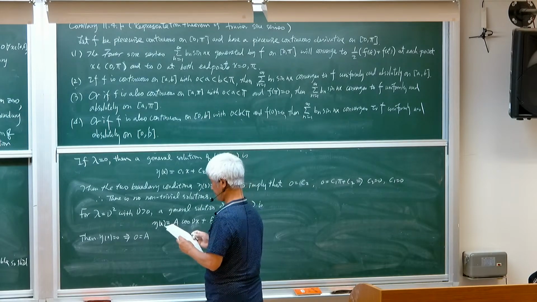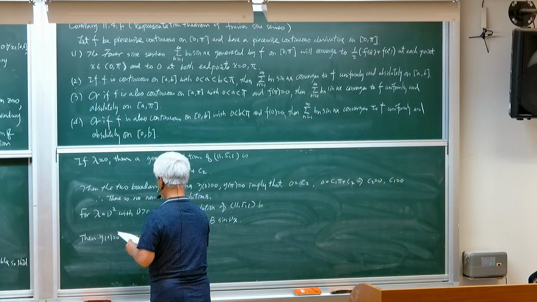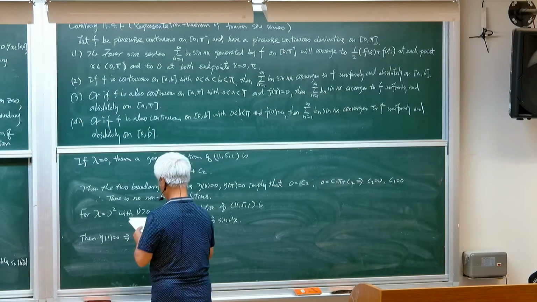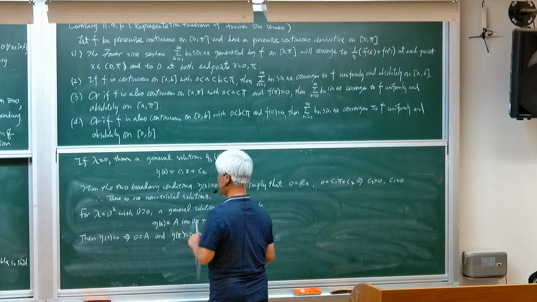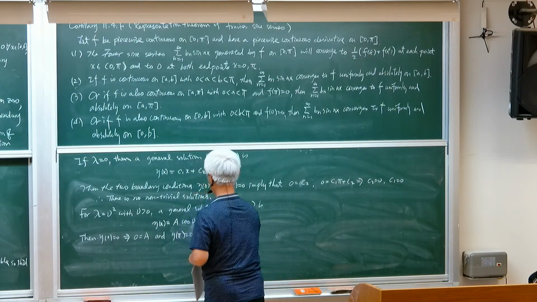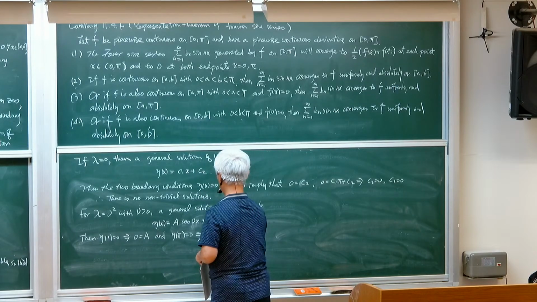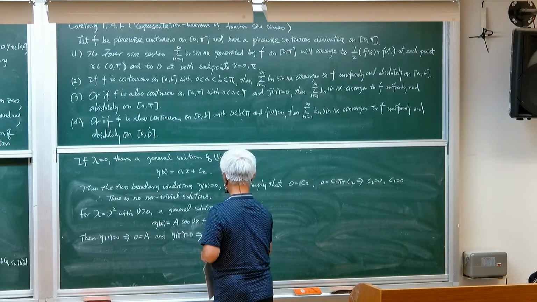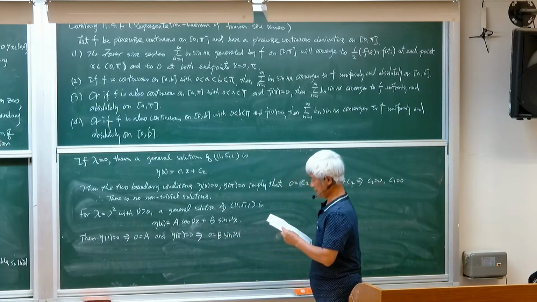And y(pi) equal to 0 implies that, this time A is 0, so 0 is B sine mu pi.